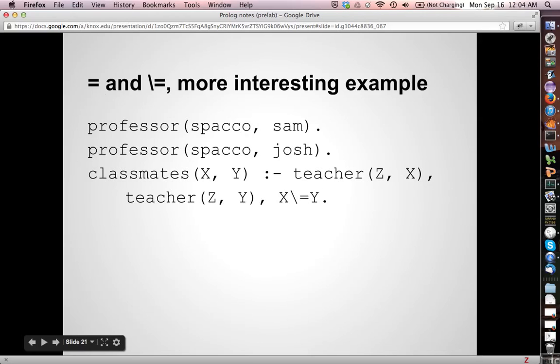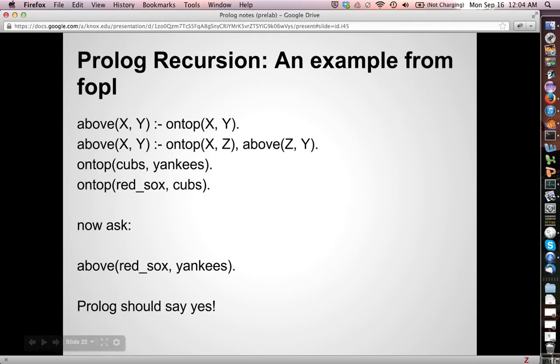So, another example of something cool you can do with Prolog is recursion. We talked about this in the first-order predicate logic stuff. We have this above relationship.